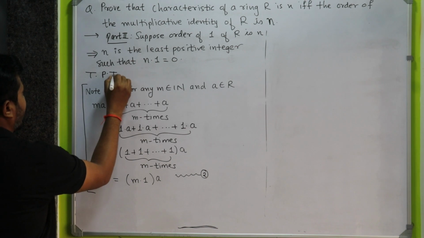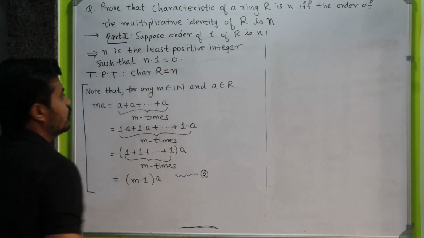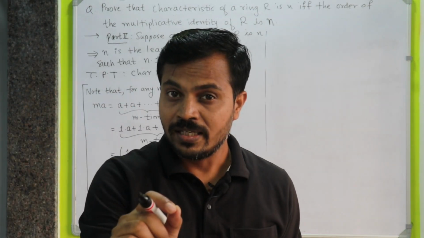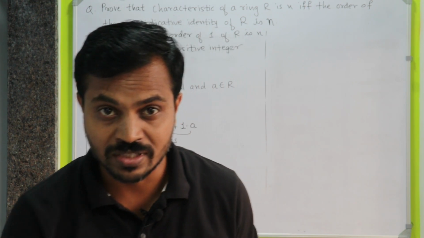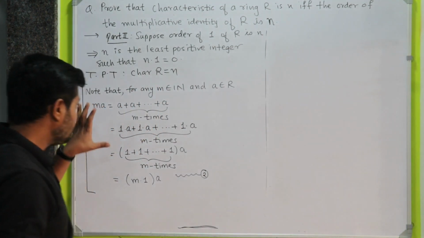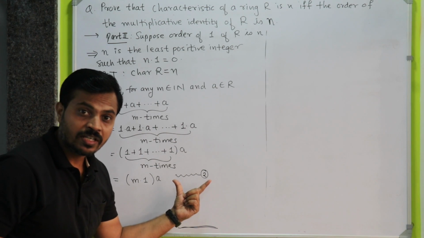We have to prove that the characteristic of R is actually equal to n. Now what is the meaning of it? n is the least positive integer such that na is equal to 0 for all a belongs to R. Now remember, this is the equation 2 that we already have.